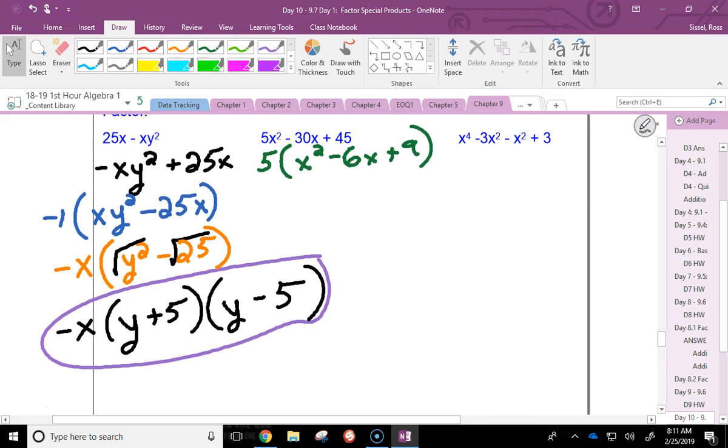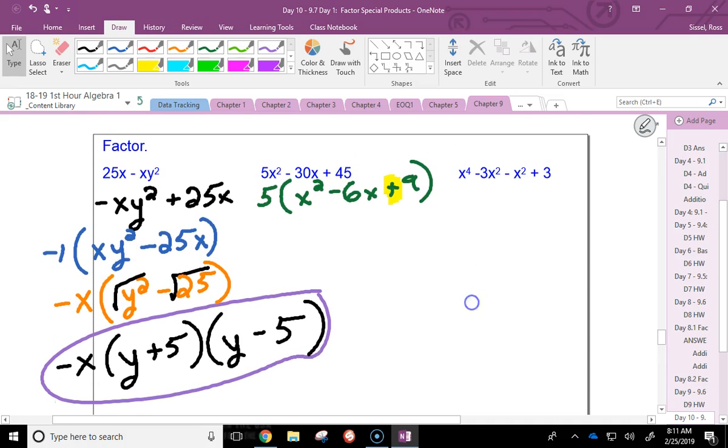Am I done? No. This is a trinomial. So I'm going to think from when we first did this before, can I square the first term? Can I square x squared? Yes. Okay. Can I square 9? Yes. Okay. Well, 9 is a positive, which means I'm either adding two numbers or subtracting two.